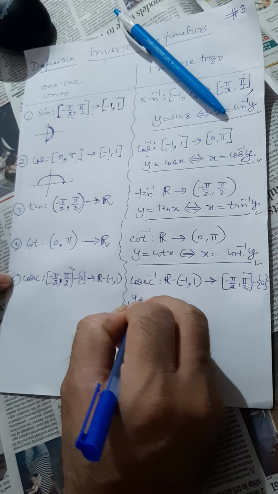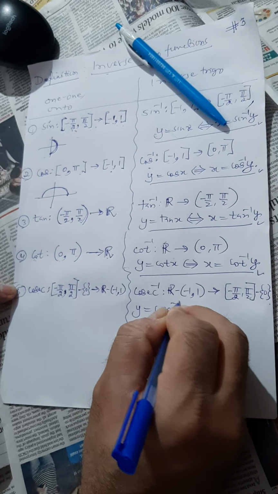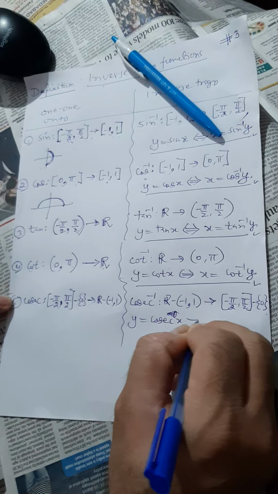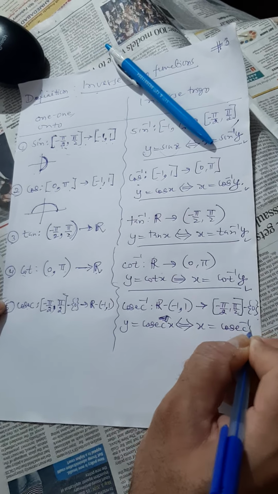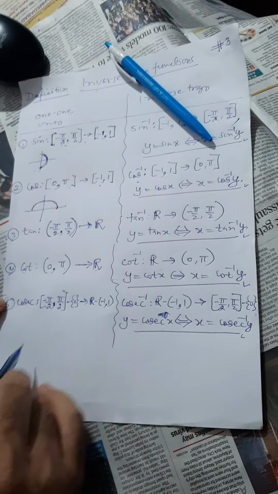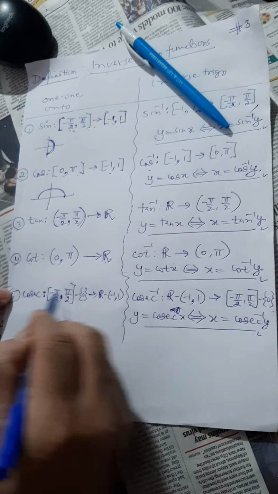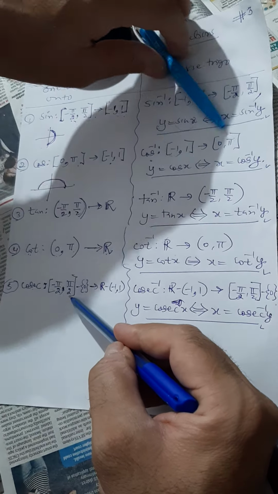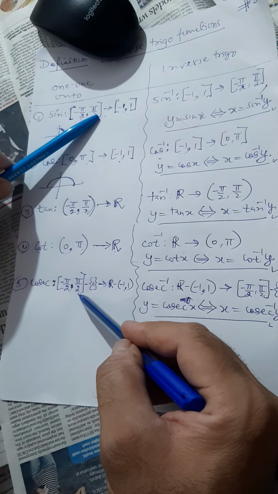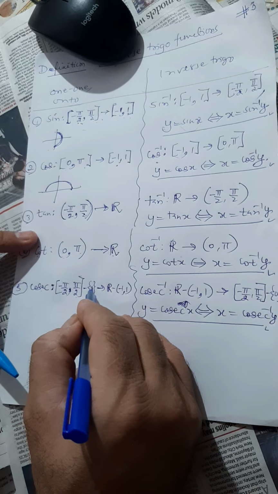And what's the definition? y equals cosec x if and only if x equals cosec inverse y. This is the definition. I repeat how I have chosen the domain. The domain is just the same as the domain of the sine function, which is minus pi by 2 to pi by 2. Why did we eliminate 0 here?